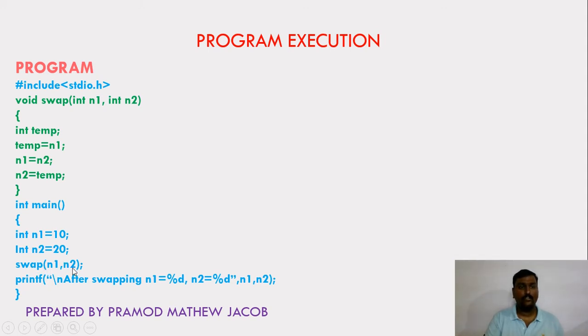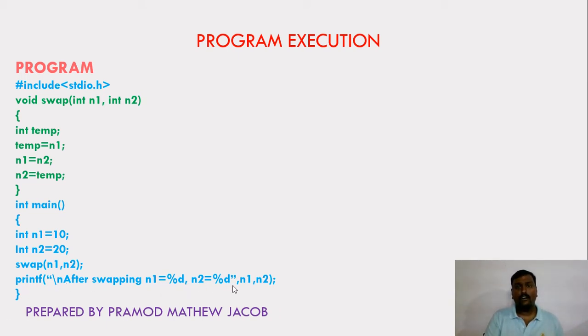These are received by the swap function, and n1 in the swap module will get 10 and n2 in the swap module will get 20. We are declaring another variable temp, and we are doing the swap process. After returning from the sub function to the main function, we are printing the values.